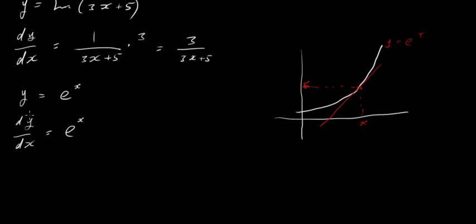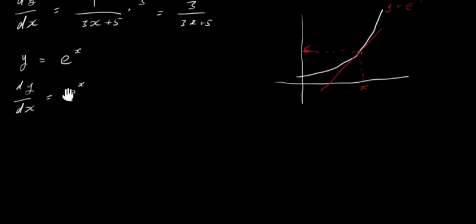So in other words, dy dx is just simply e to the power of x again. Okay, so let's just have a look at one or two functions with e to the power of x in them.